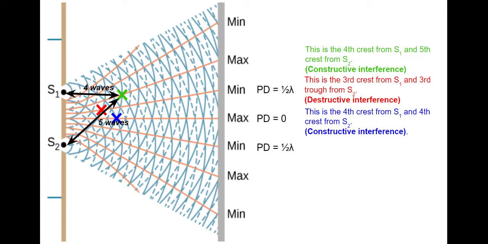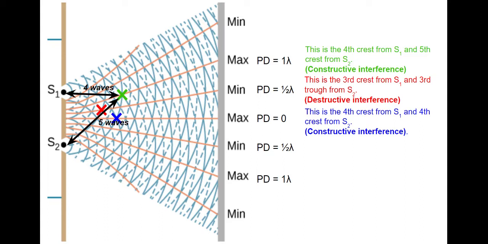So although it's not the same crest and trough meeting each other, we're getting constructive interference again because it is a crest meeting a crest. So here, one wave has travelled a whole wave further than the other, so the path difference is 1 wave. And we get a maximum again.